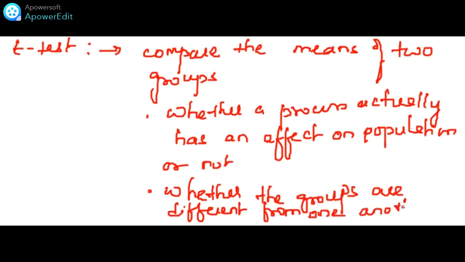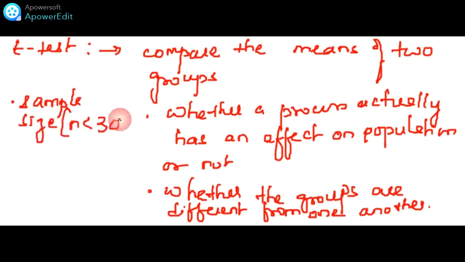The test is necessary for a small sample size, where the sample size must be less than 30, and where distributions are not normal. So the sample size n is less than 30.